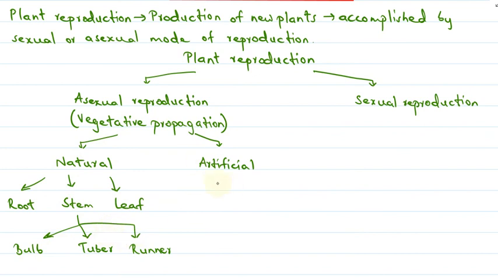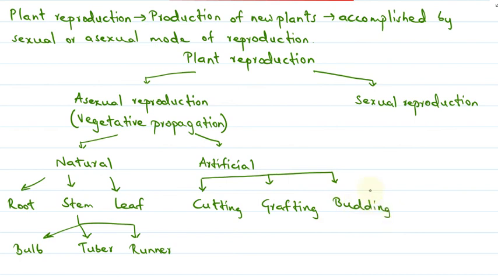Then now if we consider the asexual reproduction that is taking place by artificial means, there could be different methods. So one is by cutting, the next one would be by grafting, then the other method would be by budding, and one more is by layering.